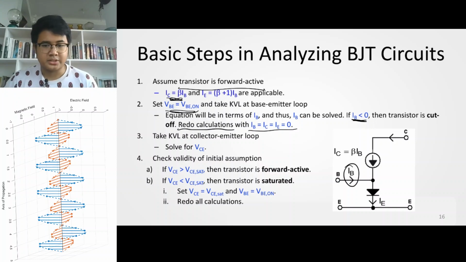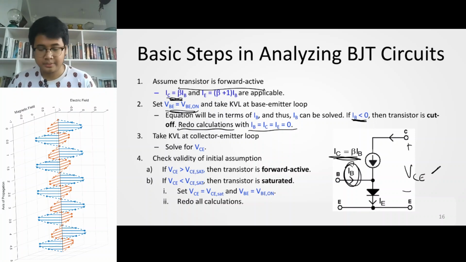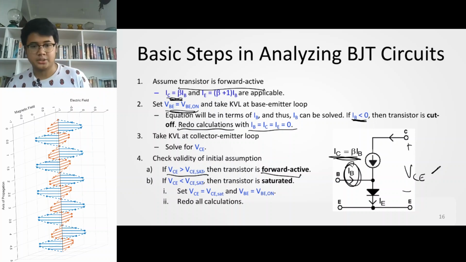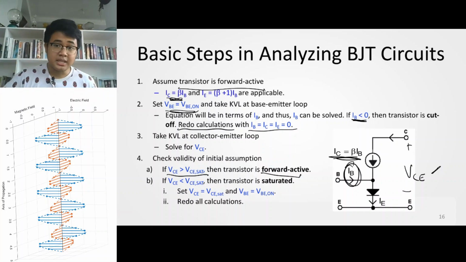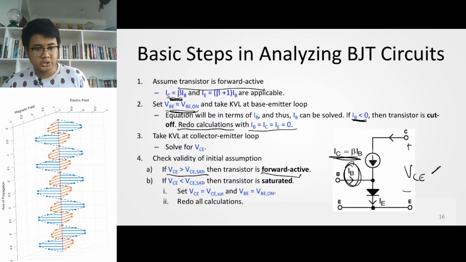If IB is greater than 0, you solve for IC easily, then you solve for VCE. If VCE is greater than VCE saturation, which is normally 0.2 volts, your transistor is in the forward active region. If VCE is less than the saturation voltage, then the transistor is saturated.